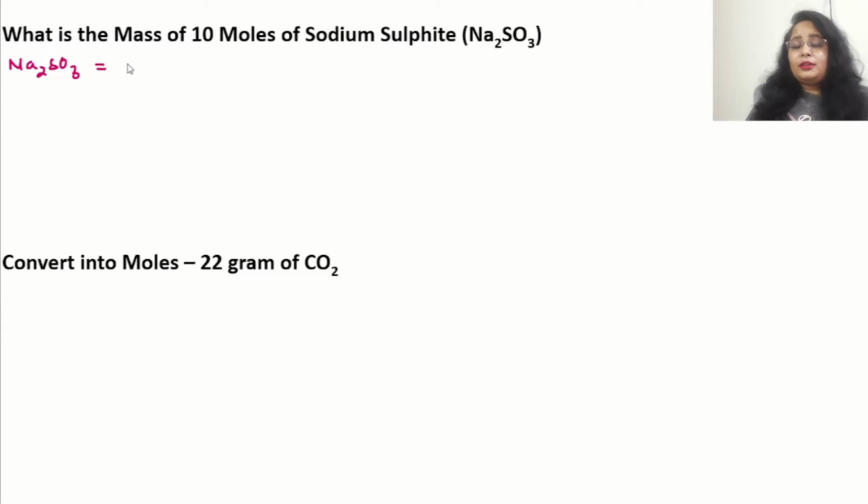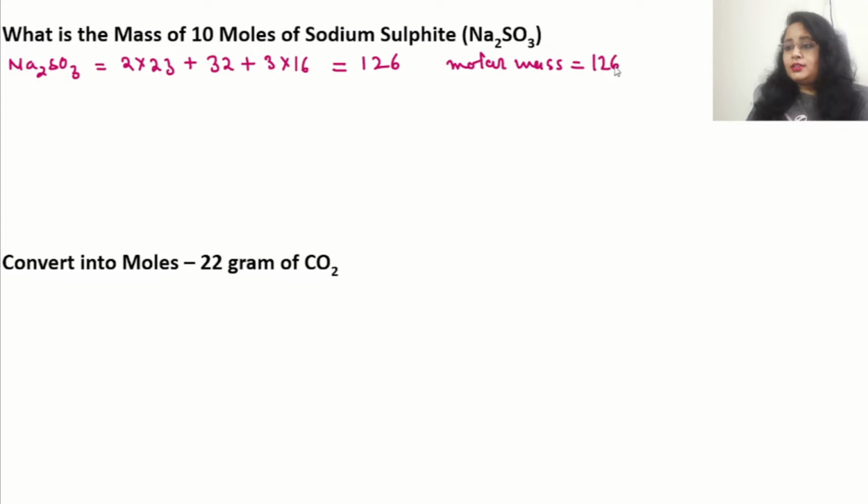For sodium, atomic mass is 23, so 2 × 23 plus sulfur atomic mass is 32 plus oxygen atomic mass is 16, so 3 × 16, and the value that will come is 126. This is the molecular mass, and that's why the molar mass is equal to 126 gram.